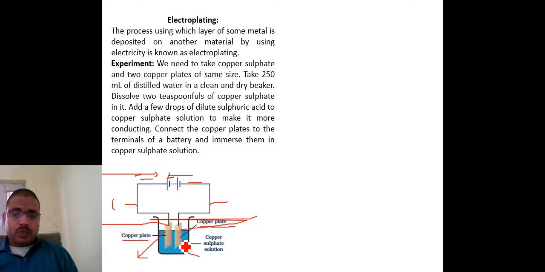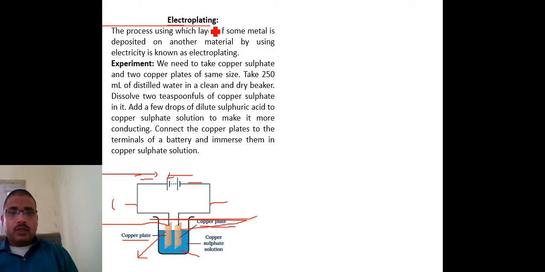The process by which this takes place is called electroplating, because electricity is used to do this kind of action. There are plates by which the color of one plate is deposited on the other plate; that is called basically plating.